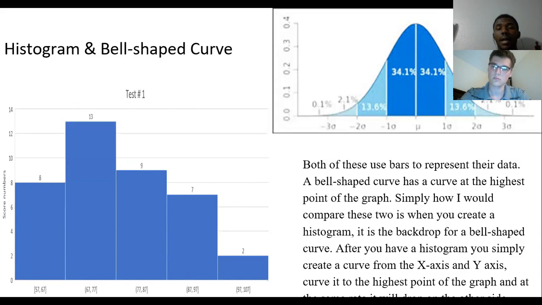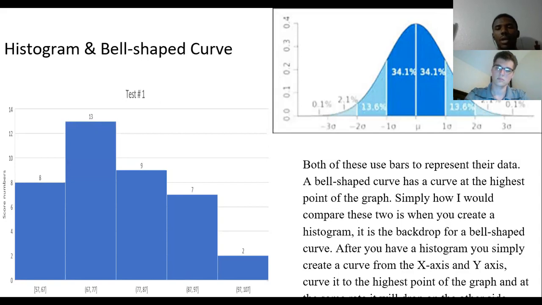This will be further explained a little bit later on. But if I were to put an arc over this, then you would be able to see the bell-shaped curve, which is what this is up here, a bell-shaped curve, because it's shaped like a bell.